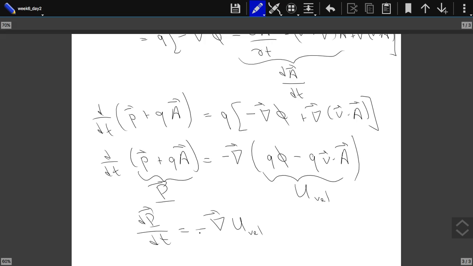You will see that this is nothing but the canonical momentum for an object. This is the potential that you use in your Lagrangian. You just add this term to your Lagrangian to study the motion of your charged object.